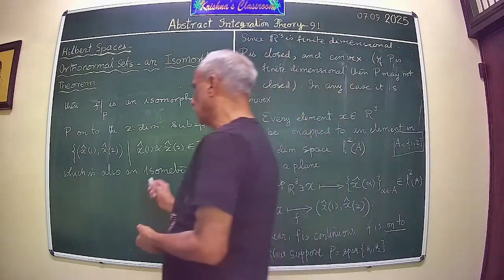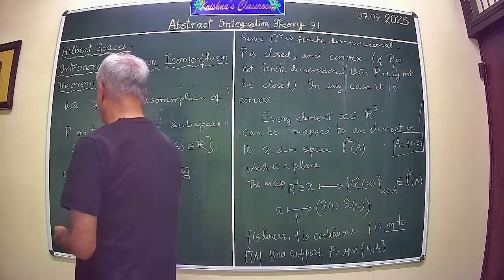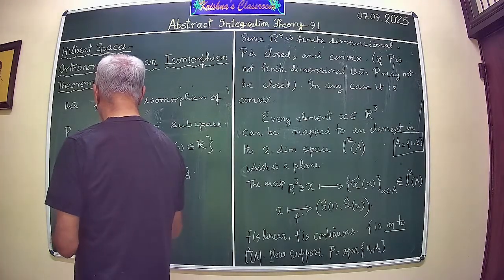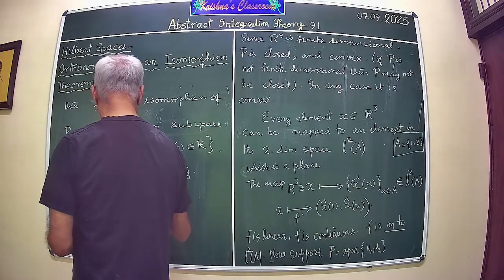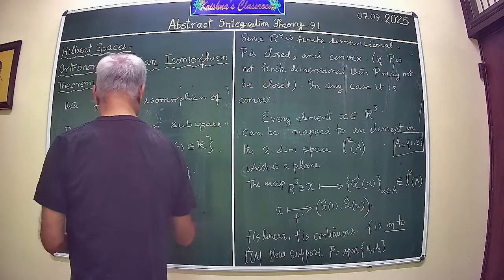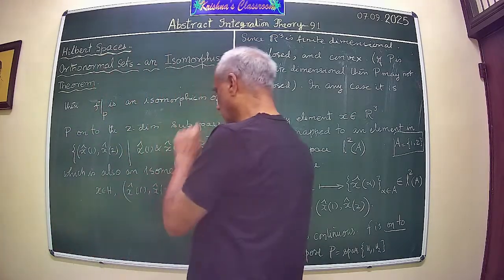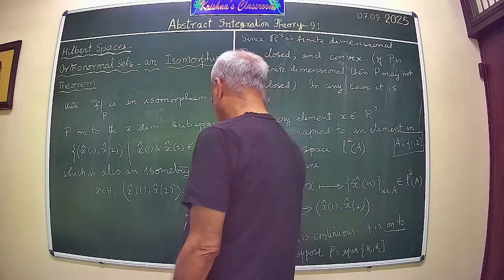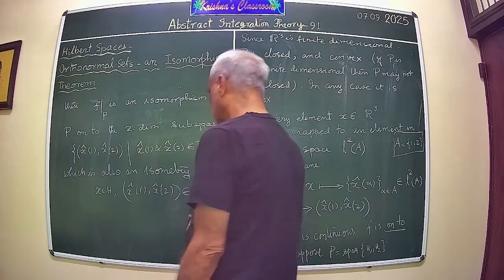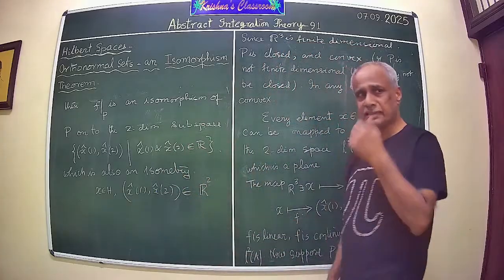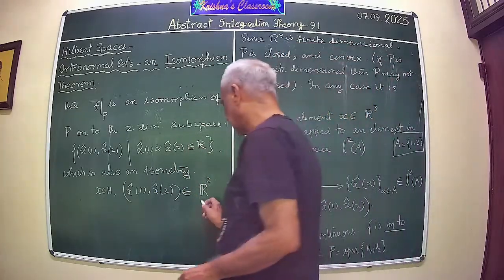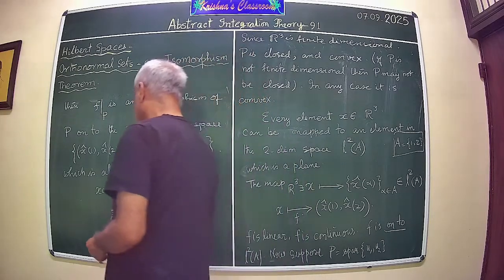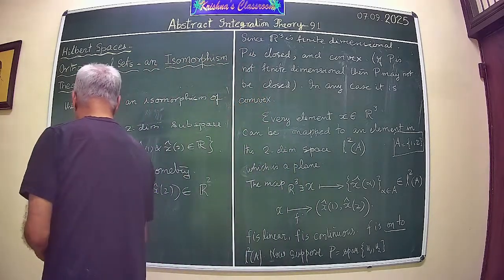Then you take an x belonging to H, x hat belonging to R2. So you have an essentially R2, and this is a replica of what is called L2A. So this is x.